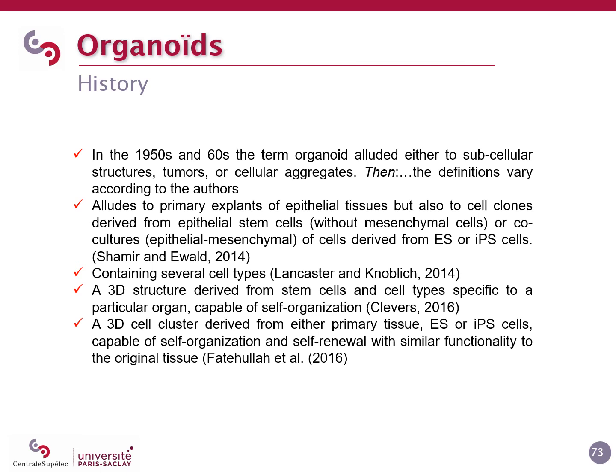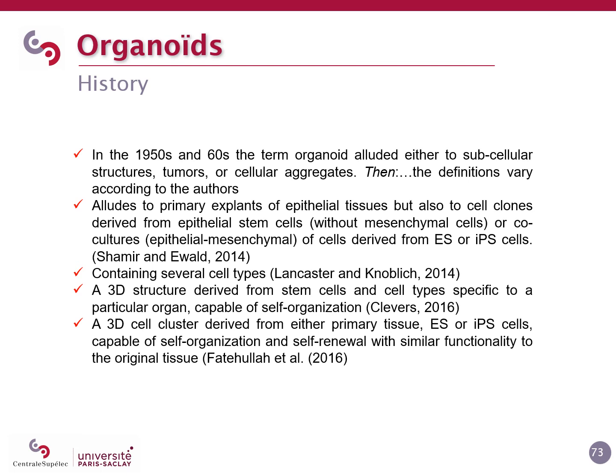Over time, the scientific community has proposed successive definitions of the word organoids. For example, in the 50s and 60s, the term organoids alluded either to subcellular structures, tumors, or cellular aggregates. The definition varies according to the authors.